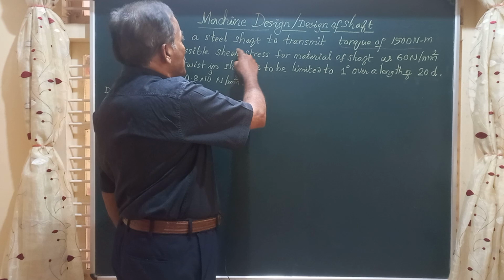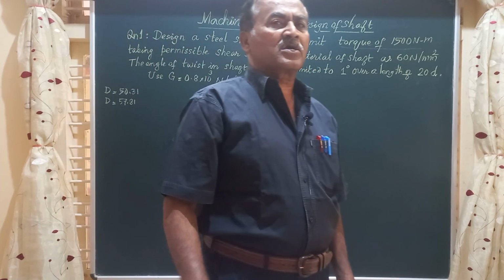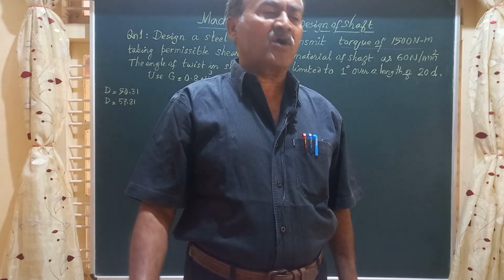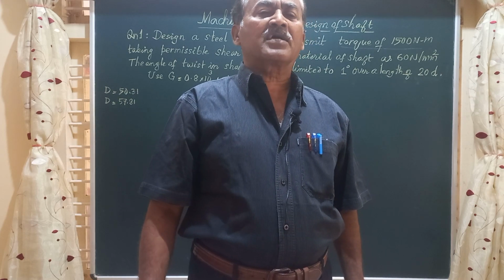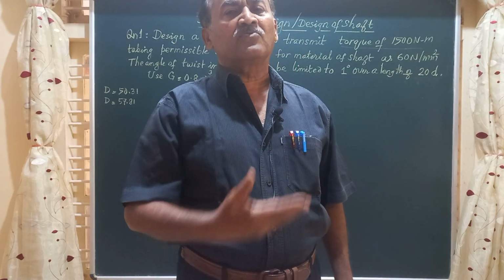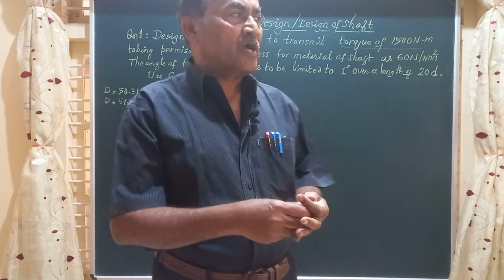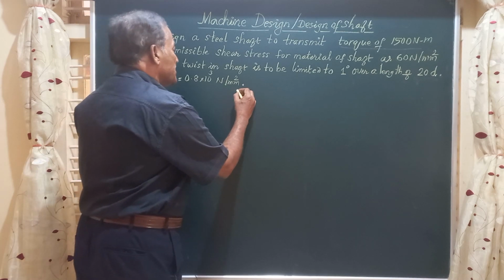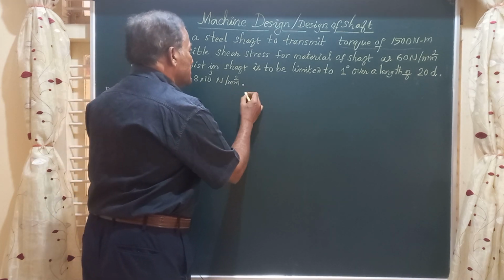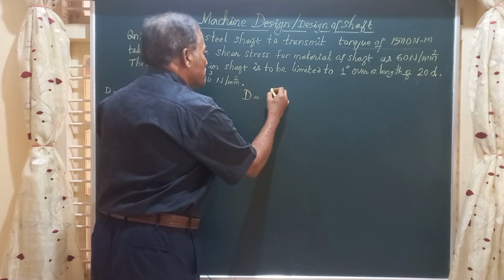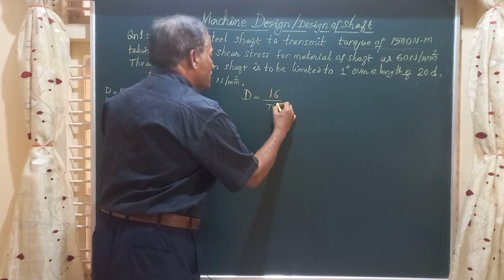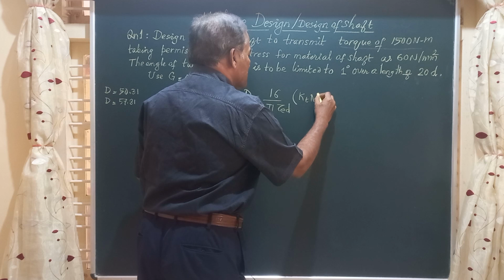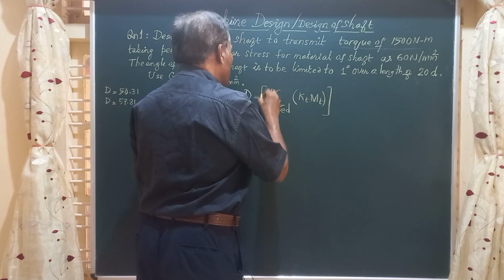Friends, since the shaft is subjected to a torque, if you just go through the machine design data handbook authored by any author, you will have an equation connecting the diameter of the shaft with the torque and the shear stress. And here, for this case of torque, we have the equation: the shaft diameter D is equal to [16 by pi into tau_ed multiplied by Kt Mt] whole to the power of 1 by 3.